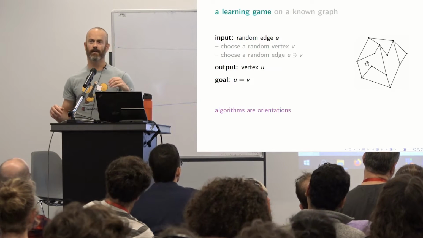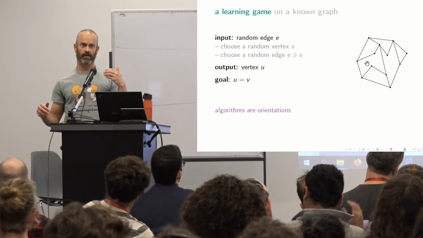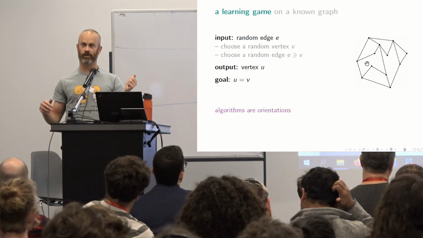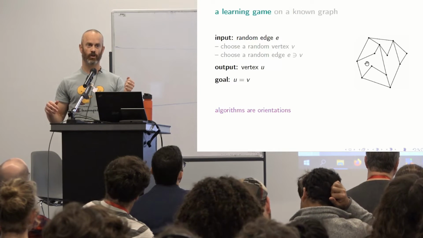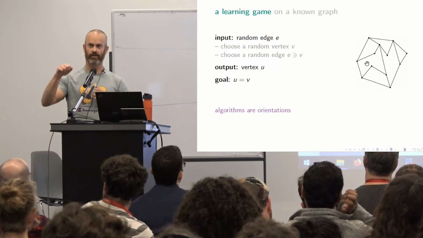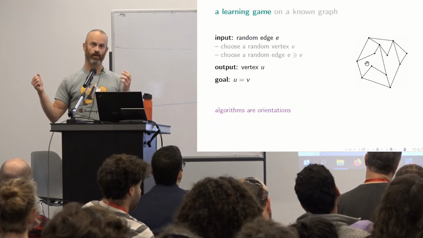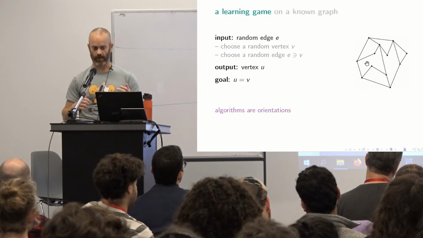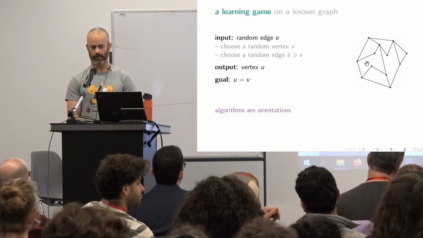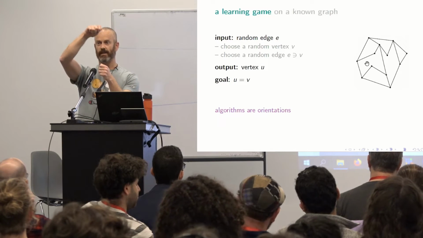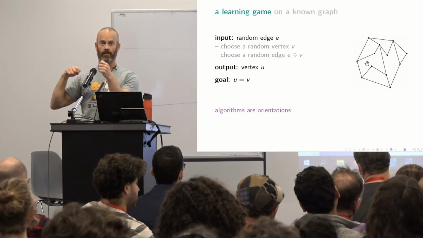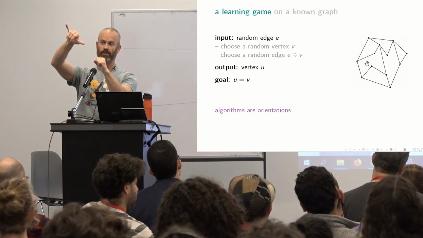And then we get as input, as learners, an edge of this graph. How is this edge chosen? First, we choose some random vertex, let's say uniformly at random, or some other measure, but let's say uniformly. And then we choose one of the edges that touch this vertex. So we first choose a vertex and then choose an edge.